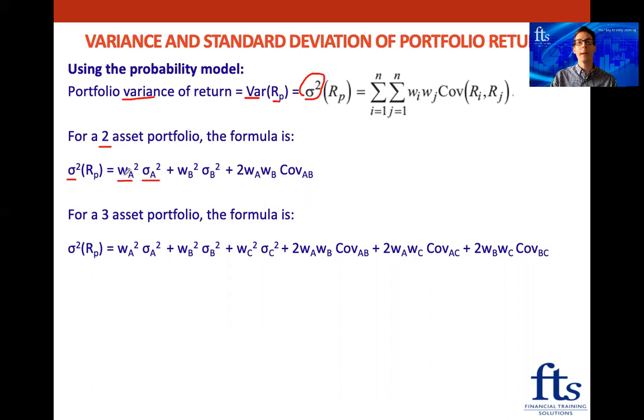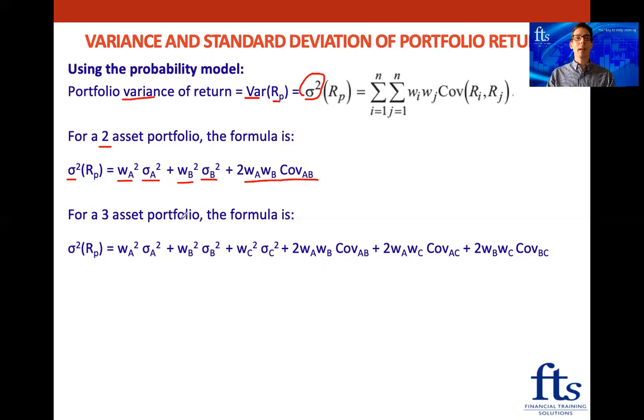How much weight have we got in asset A? Because the variance is squared, so must also the weight be squared. And then we're going to take the variance of asset B and multiply by the weight of asset B. But again, the weight must be squared. And now we can sort of see where this funny formula comes in. So we add 2, and we take the weight of asset A multiplied by the weight of asset B. We multiply that by the covariance between the two.